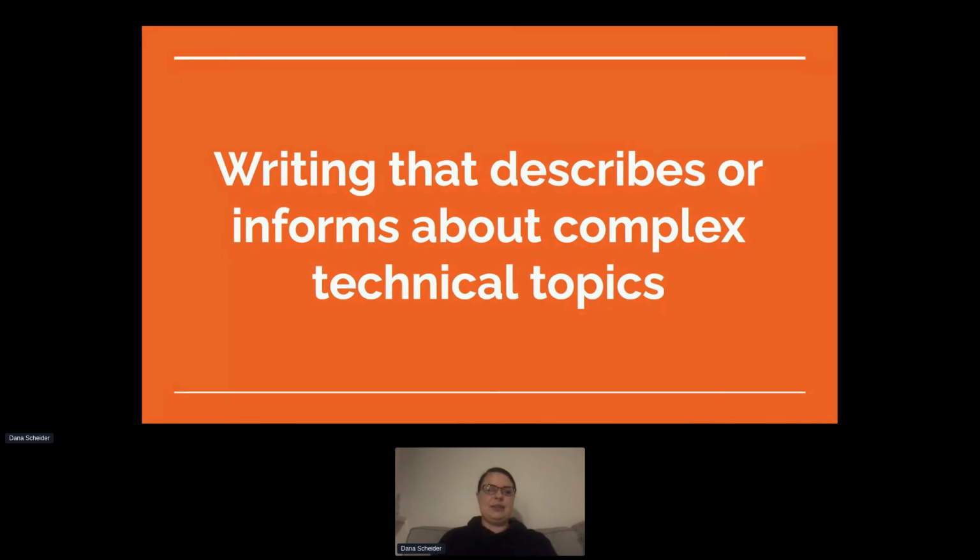One of the things that I really want to emphasize here is that writing needs to be for its audience, and writing that doesn't take its audience correctly into account is faulty. So it's important to think about whether your readers will find the writing complex and technical, because you could be doing technical writing without even realizing it.